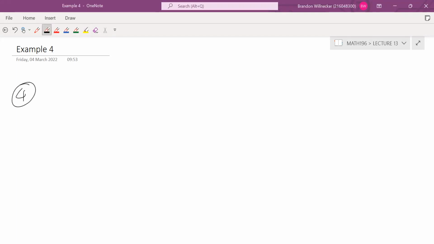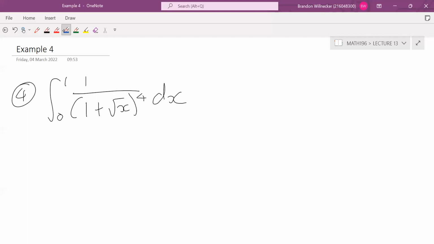So this one's a little bit more difficult. So we have the integral from 0 to 1, 1 over 1 plus root x to the power 4. Let me just rewrite that. That's a 4 dx. Okay, so we've got this integral. Exactly the same procedure as we've had before.